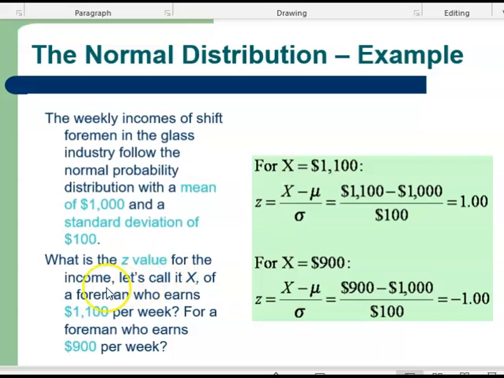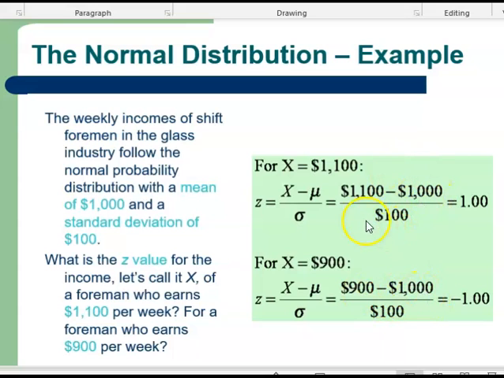What is the z value for the income, let's call it x, of a foreman who earns $1,100 per week and $900 per week?